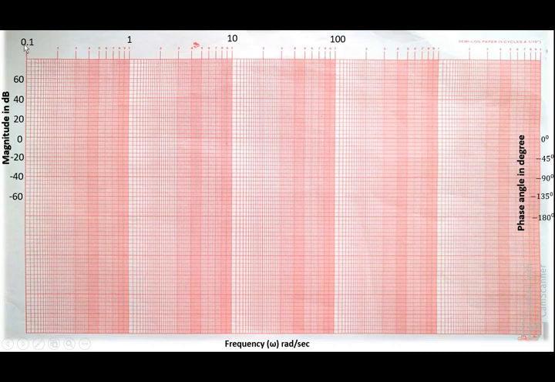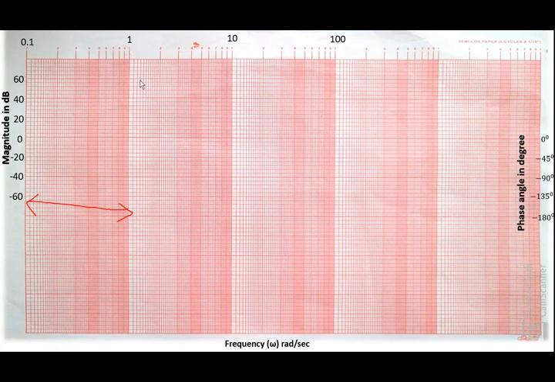From point 1 to 10, the value is getting increased by a multiplication of 10 times. So from here to here, we can call it one decade, because it is 10 times greater than the previous value.